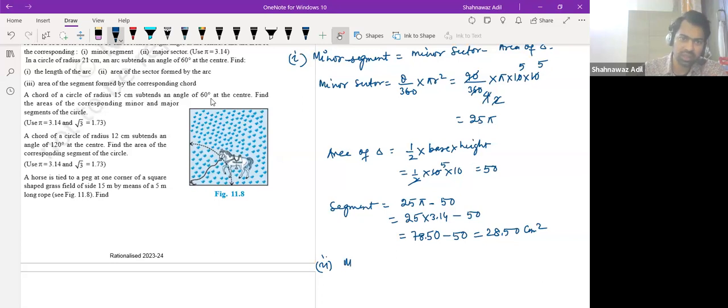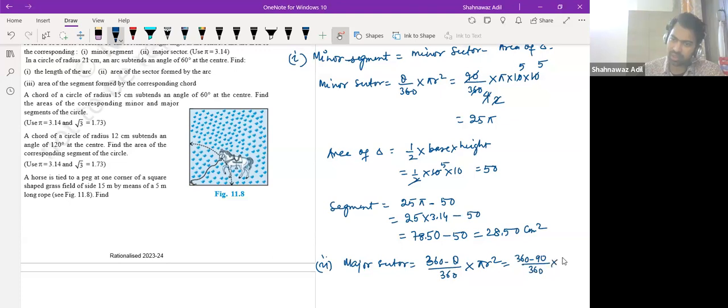Major sector is 360 minus theta divided by 360 times pi r square. So this is 360 minus 90 divided by 360 times pi times 10 times 10.